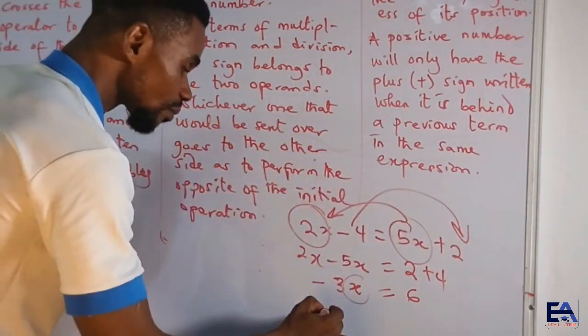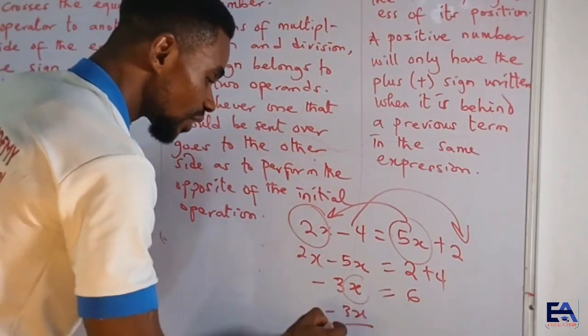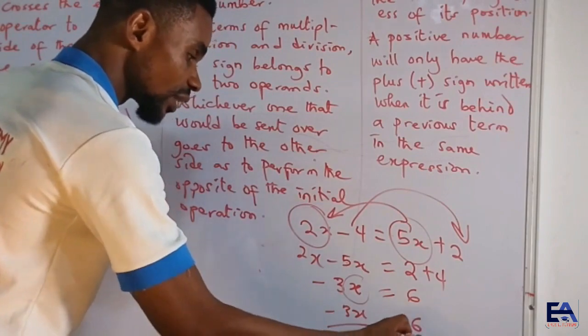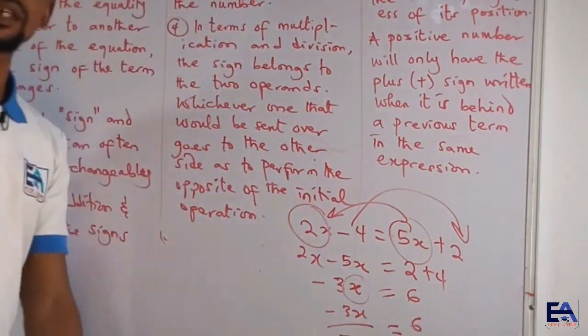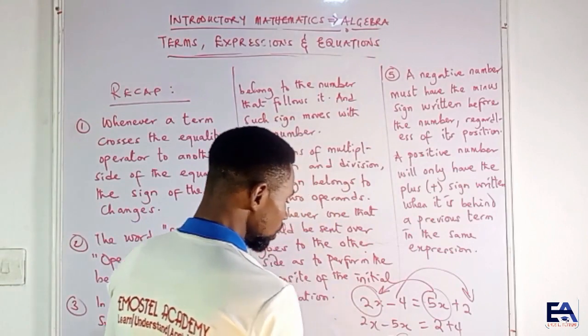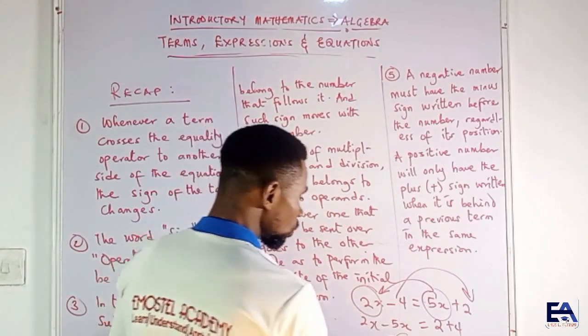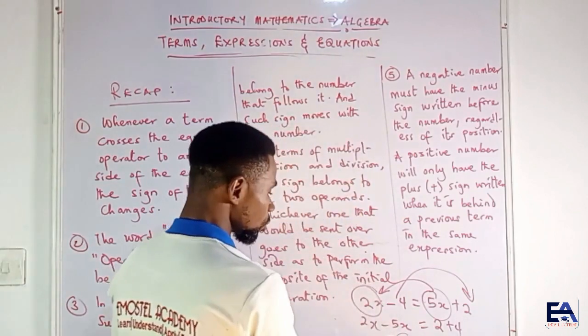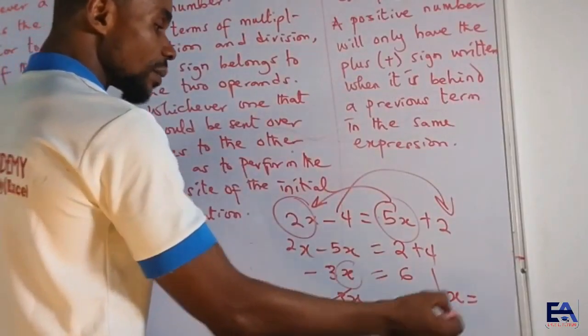So we can say negative 3x divided by negative 3 is equal to 6 divided by negative 3. This negative 3 cuts out negative 3, so we have just x standing alone, equal to 6 divided by negative 3 gives us what?